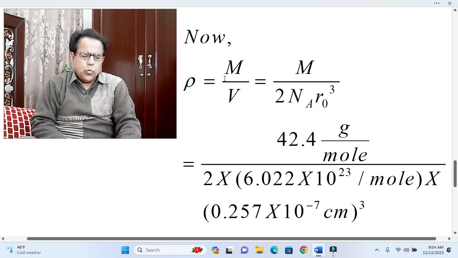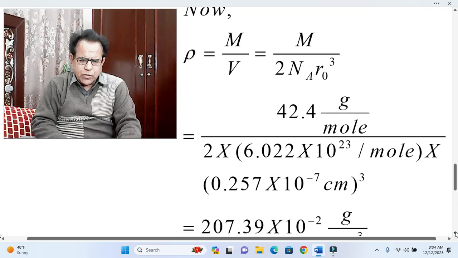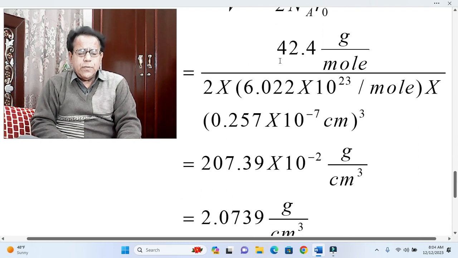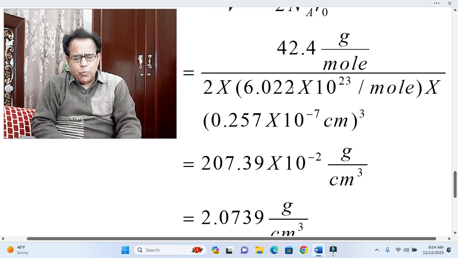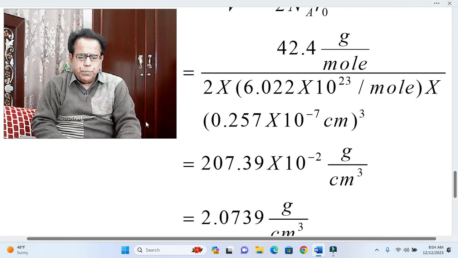Simply rho equal to m over v equal to M over 2 N_A R naught cube. We put all these three values in this expression. In the numerator 42.4 gram per mole, and in the denominator 2 into 6.022 into 10 raised to the power 23 per mole into 0.257 into 10 raised to the power minus 7 centimeter whole cube, because this is R naught and R naught is in cube.